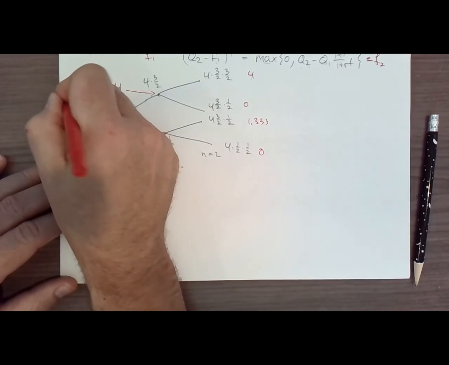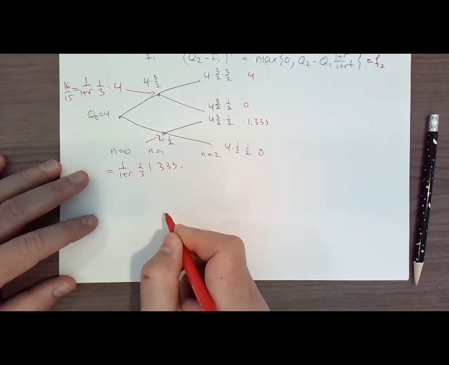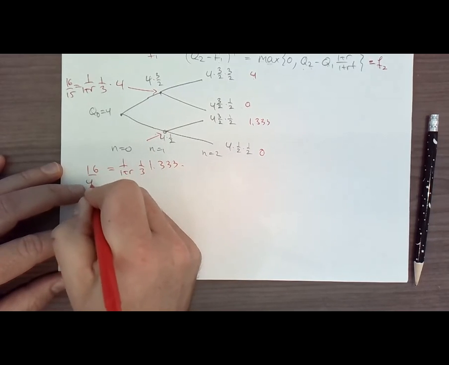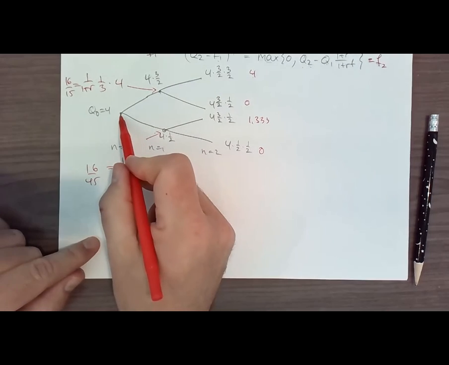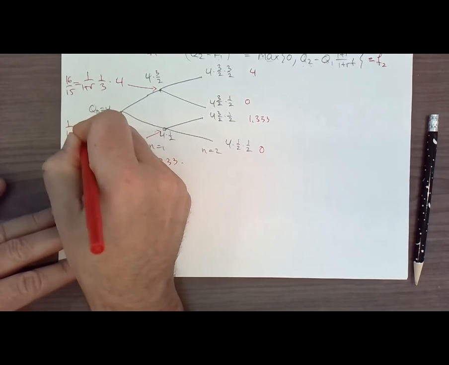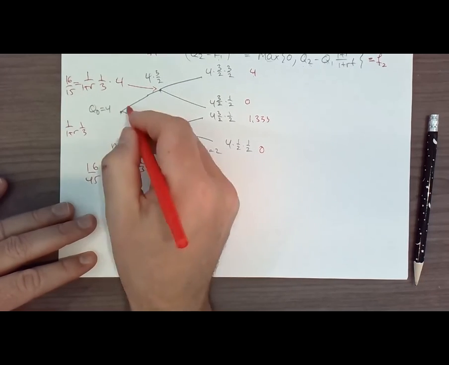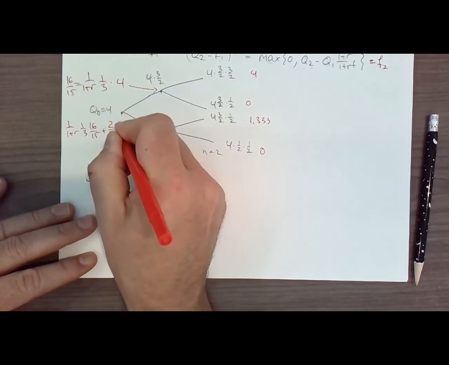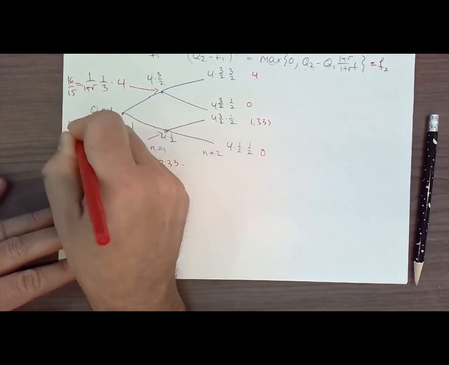If you work out what these two numbers are, I get 16 divided by 15 here, and for the lower one, 16 divided by 45. And of course, in the middle, it's just going to be 1 over 1 plus R, and then a third times the up one, 16 over 15, plus 2/3 of the down one, 16 over 45.